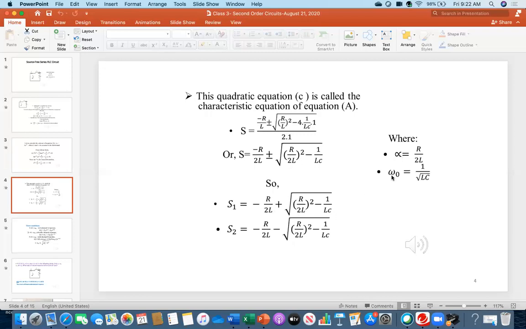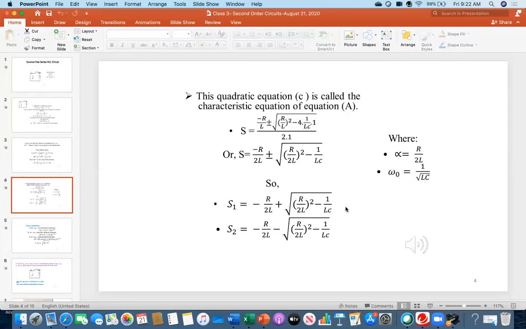Then again, on the right side, if you change R over 2L by alpha, which is called Neper's frequency or damping coefficient, so in this case alpha is R over 2L. And 1 over root LC is called the resonant frequency or undamped natural frequency, unit is radian per second.